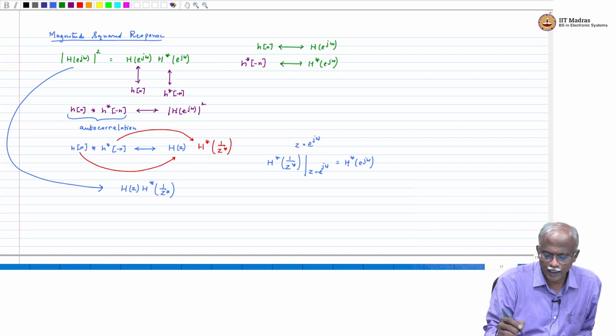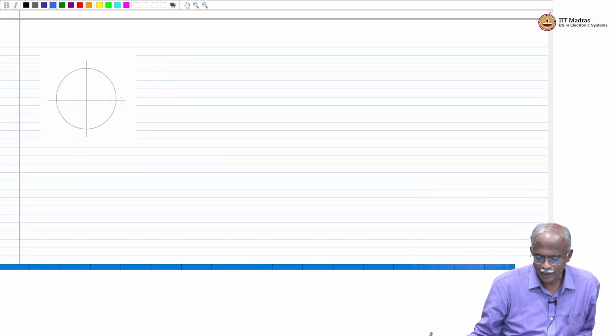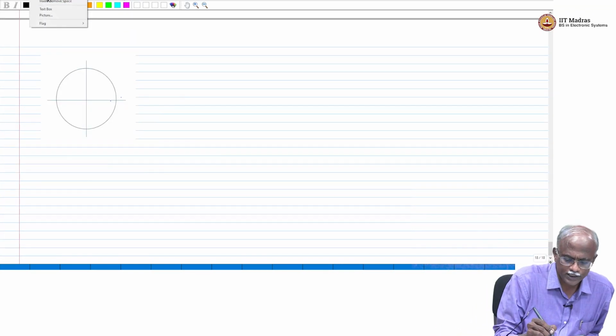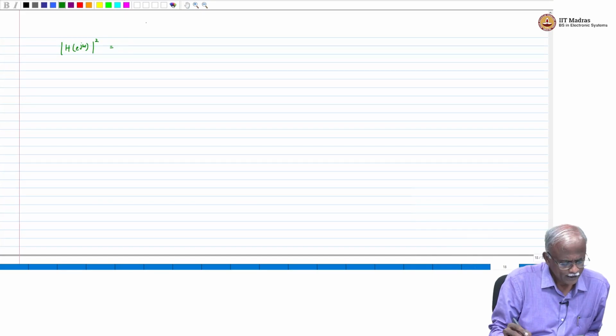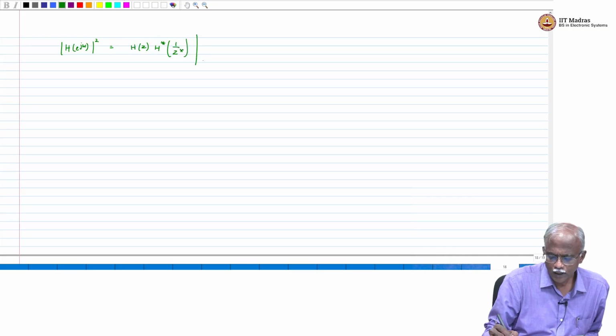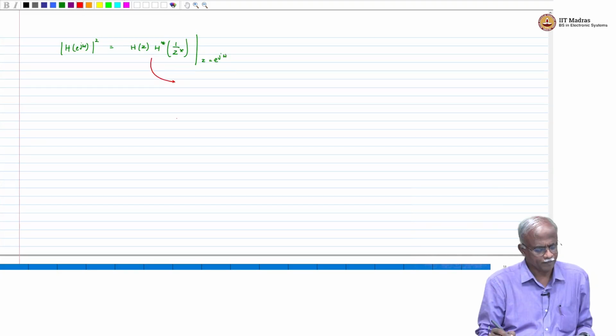Now comes the very important understanding of what the implication is. Write it down in the following manner: |H(e^{jω})|² is the same as H(z) H*(1/z*) on the unit circle.